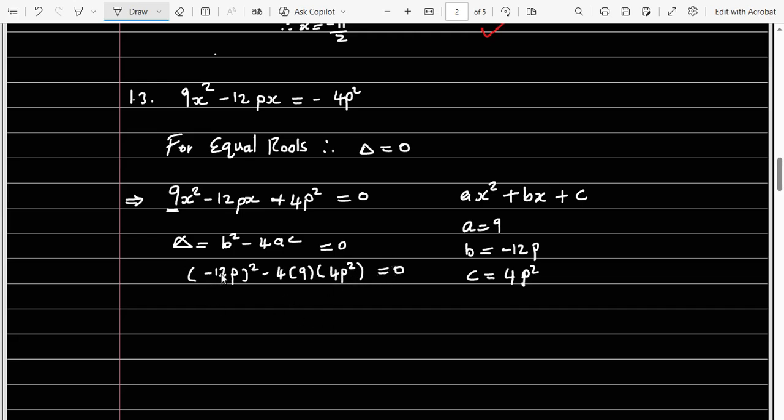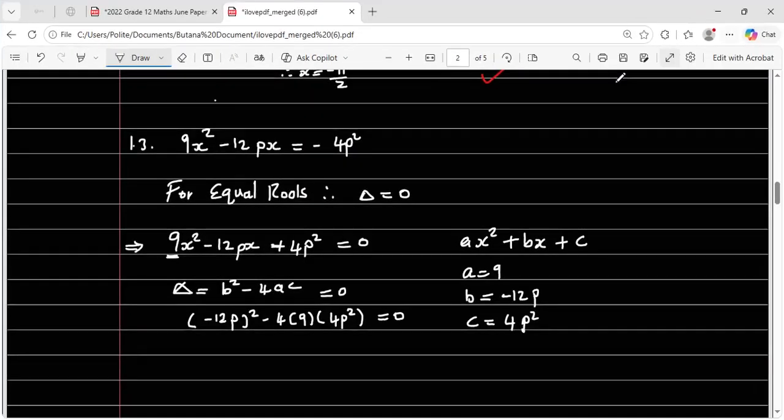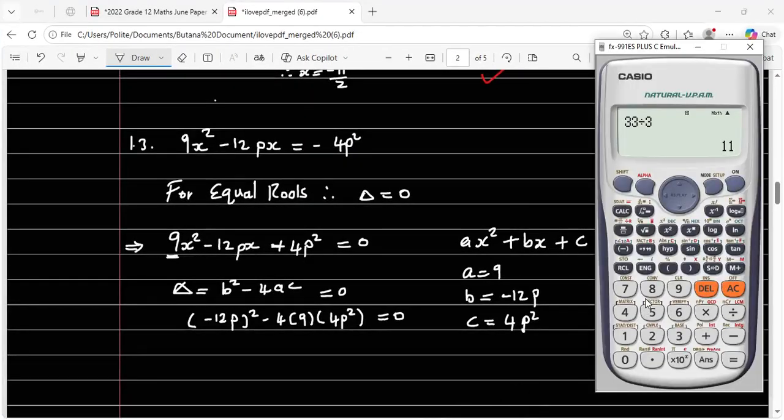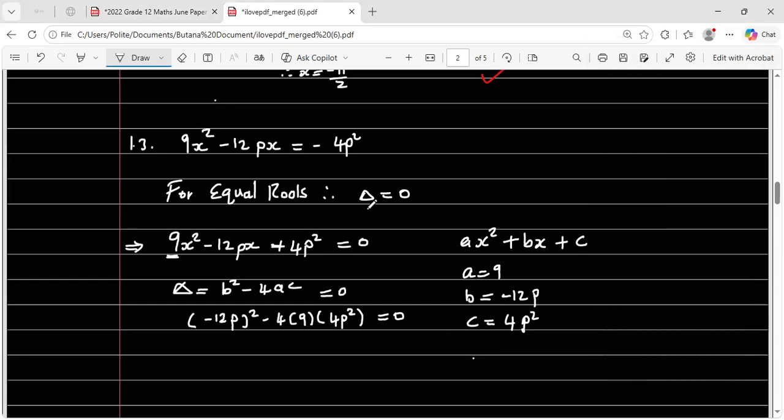Minus 12p squared gives positive 144p squared. Don't forget the p squared.